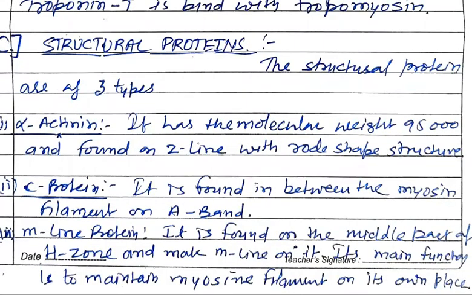Third one is M line protein. It is found on the middle part of the H zone and makes the M line on it. Its main function is to maintain the myosin filaments in their own place.